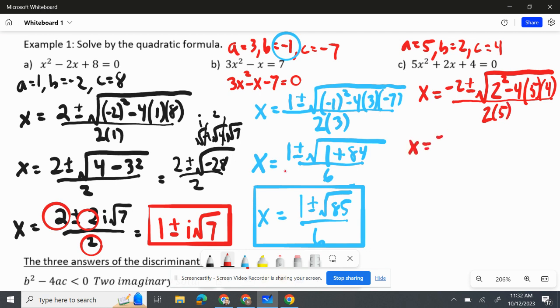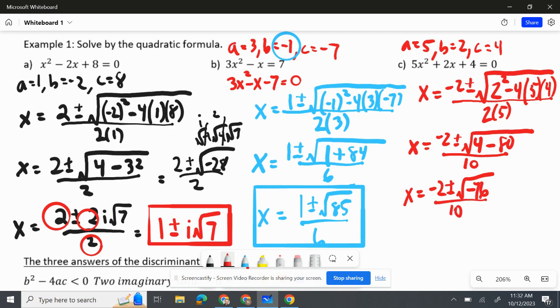So x equals negative 2 plus or minus the square root. We have 4 minus 4 times 5 is 20, times 4 is 80. We know that 4 minus 80 is 76, so x equals negative 2 plus or minus the square root of negative 76, all over 10.